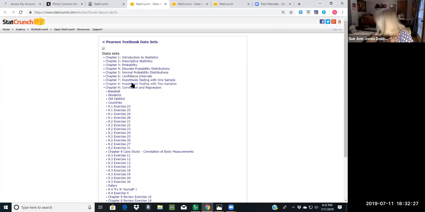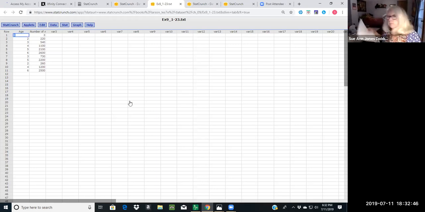And I'm going to go to section 9.1, exercise 23. Okay, and what that does is it automatically loads the data into a StatCrunch window. Okay, so let's say that your task was to determine whether there was a valid linear relationship here.